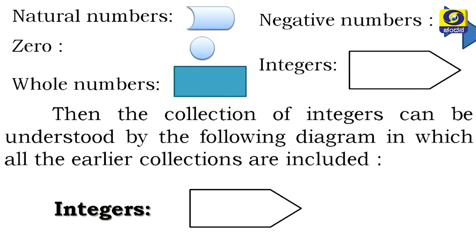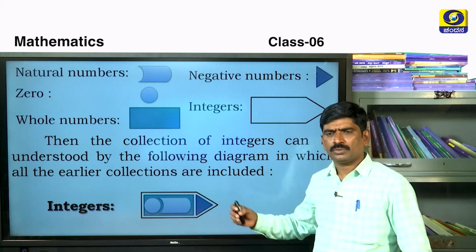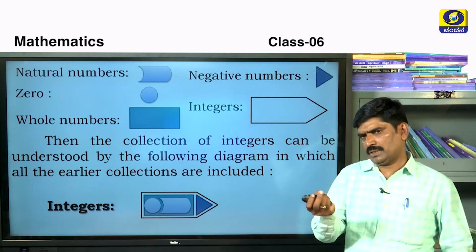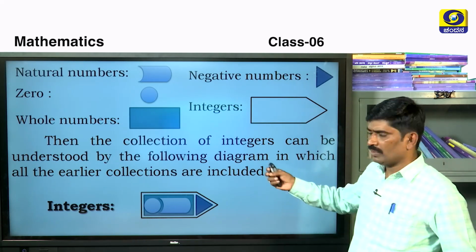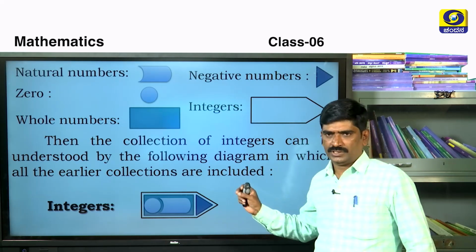Integers have negative numbers, next whole numbers, next natural numbers with 0. This collection has integers, that is 0, natural numbers, whole numbers and negative numbers. More about integers, we go through some activity, then after we conclude the meaning of integers.